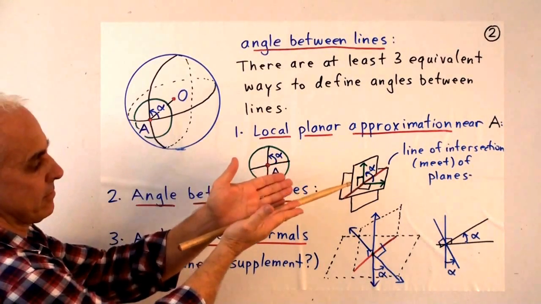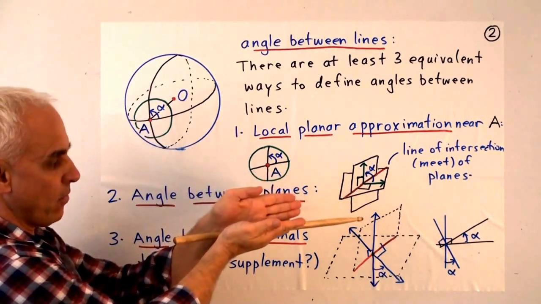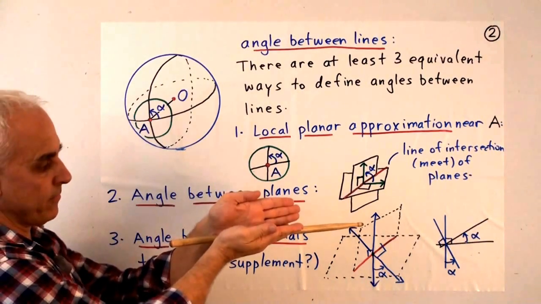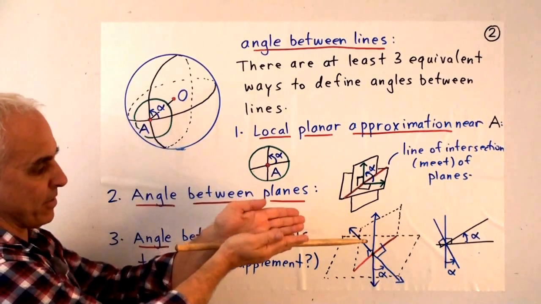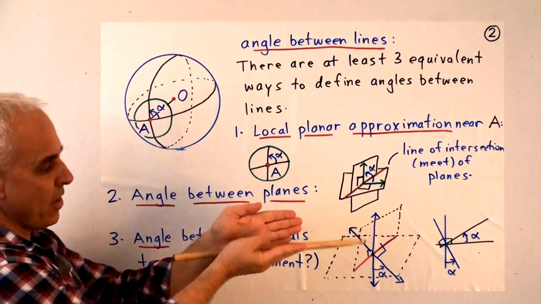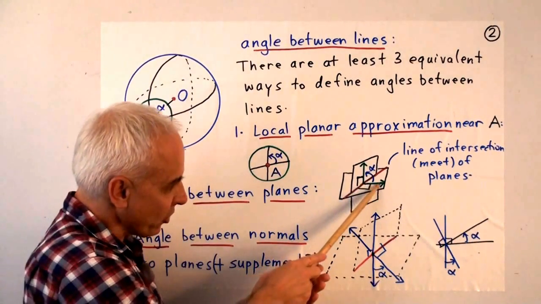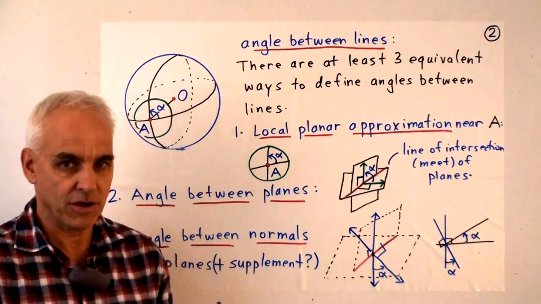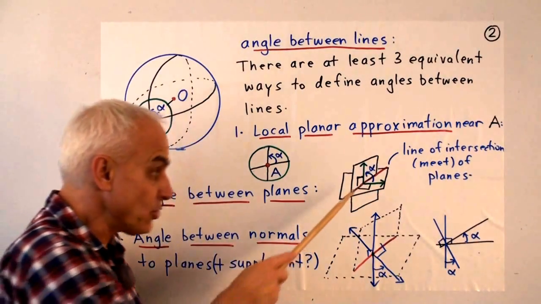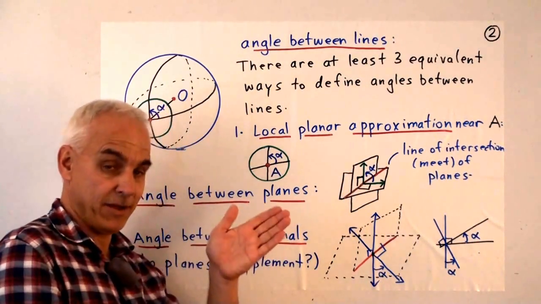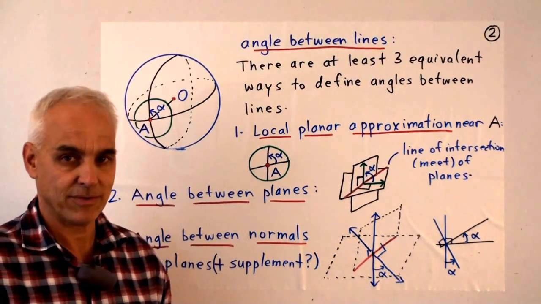Something like this. Okay. So if you have 2 planes which are meeting along a line, what do we mean by the angle between them? Well, it's the angle, right? But what exactly does that mean? Well, you can think of it in this way. If you choose a vector which is perpendicular to this line, lying in one plane, and you choose another vector lying in the other plane, which is also perpendicular to the common line, then you have two vectors.